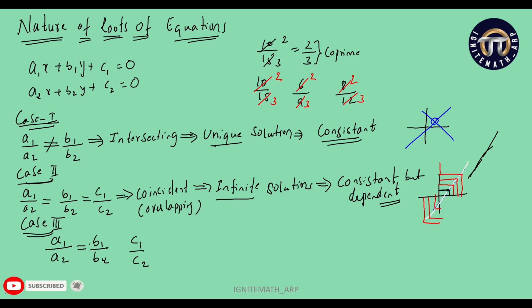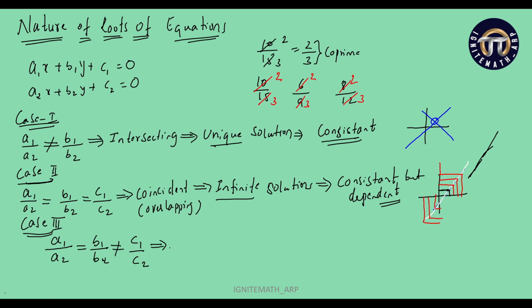When I find out these two, oh, they may be coinciding, okay, but when I found out c1 by c2, I realized that a1 by a2 is not equal to c1 by c2. I mean, a1 by a2 is equal to b1 by b2, but not equal to c1 by c2, then I can say they are going without meeting.